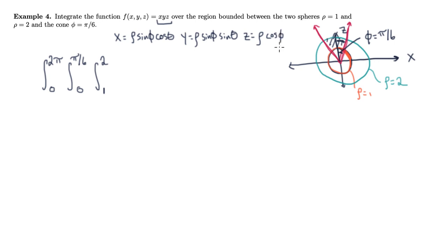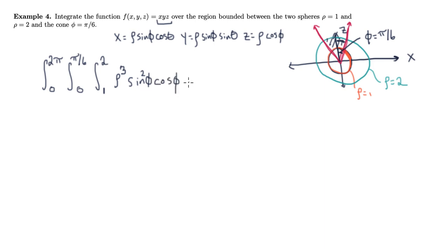So we're just going to multiply all those together. And what are we going to get? We're going to get rho to the 1, 2, 3, cubed. We have a sine phi squared, so sine squared phi. We have 1 cosine phi.